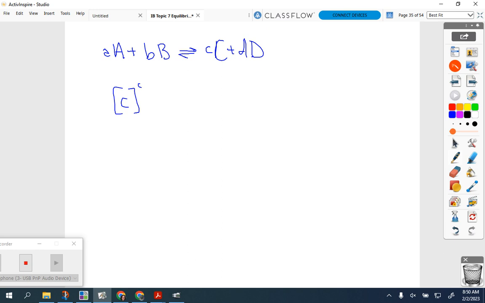Okay, so this is our Kc: D over A raised to the little a and B raised to the little b.